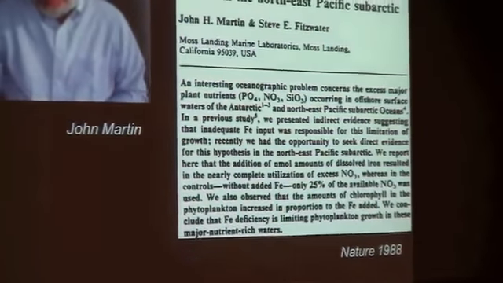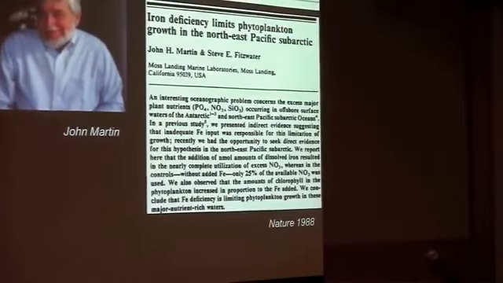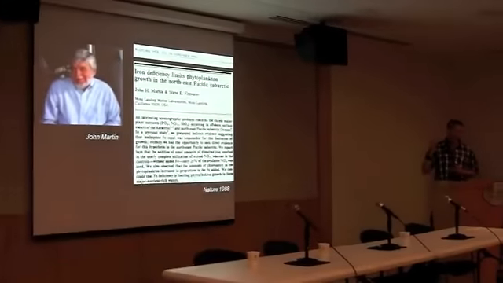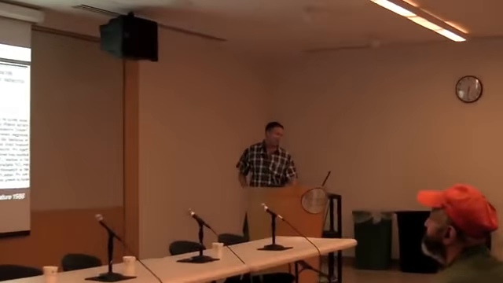And he was the guy who first proposed this iron hypothesis, that iron is the thing limiting and really ultimately responsible in large parts of the ocean for the amount of productivity, the amount of plant life, and therefore the amount of CO2 that's being sucked into deep water by the growth of this phytoplankton.